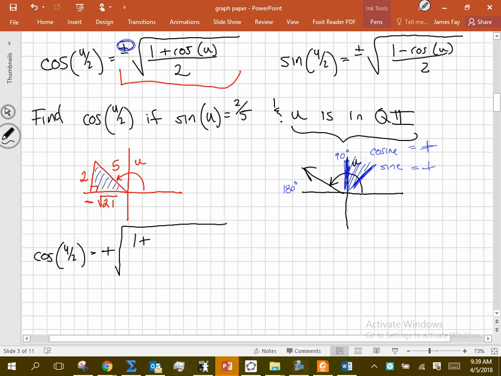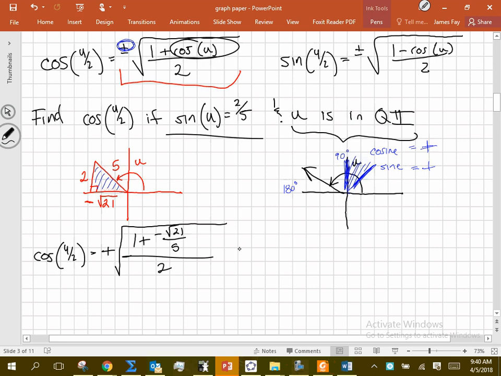That thing turns into negative radical 21 over 5. So we've now replaced that with what it is equal to inside this radical because of this picture, because of the information that was provided for us with the sine. And then we still have that denominator of 2, right? So there's your cosine for your half angle.